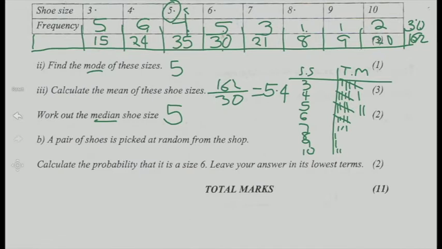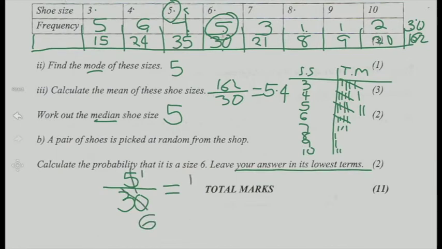So a size 6 here, we have only 5 size 6. So it's 5 all over 30. Leave your answer in its simplest form. So 5 here goes once. 5 here goes 6 times. So it's 1 over 6.